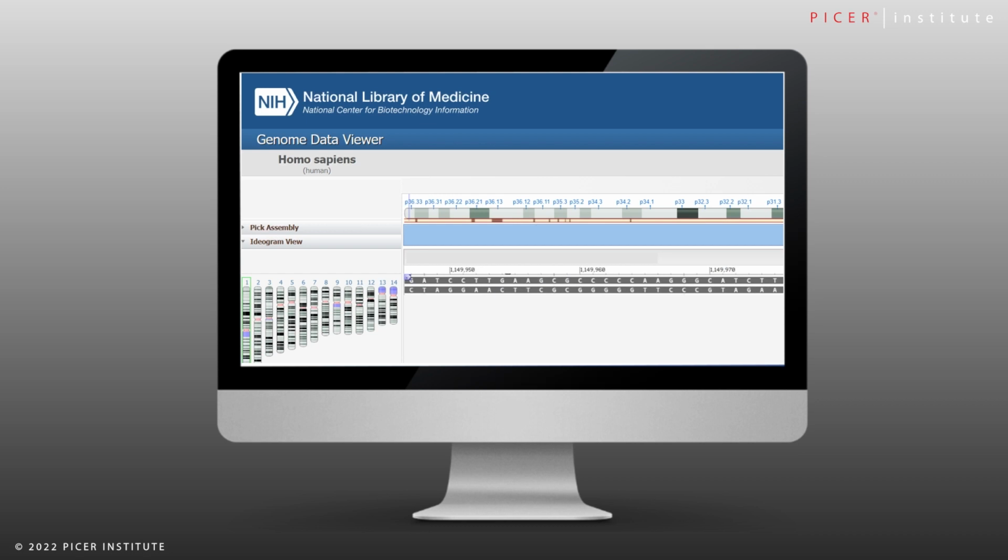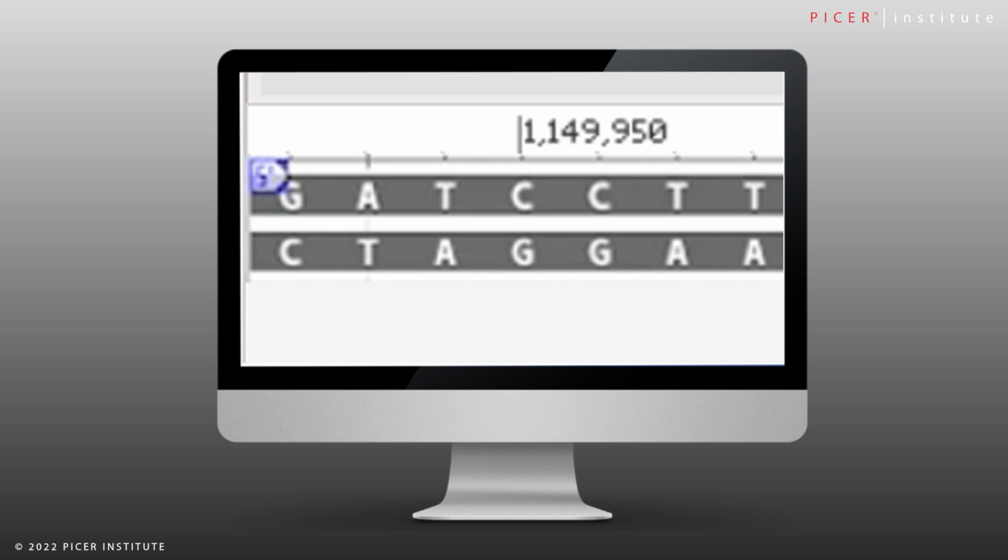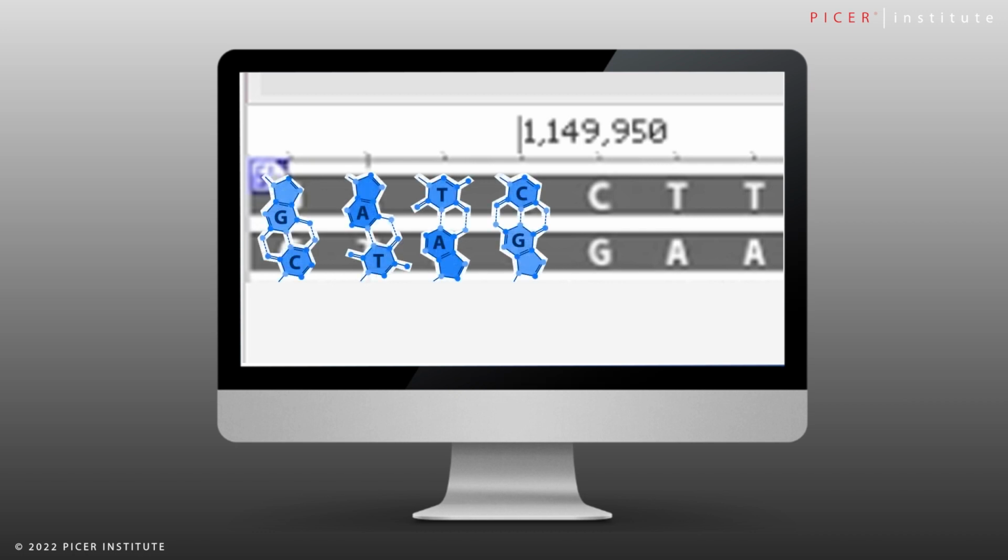Here we zoom into the first sequences found in chromosome number 1. Like in our previous video, the nucleobases are found in pairs as in the double helix, and abbreviated as G, denoting guanine, C, denoting cytosine, A, denoting adenine, and T denoting thymine.